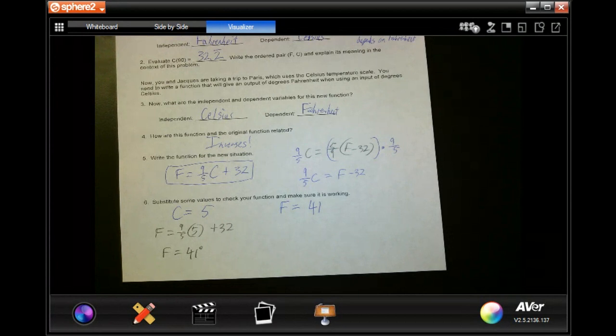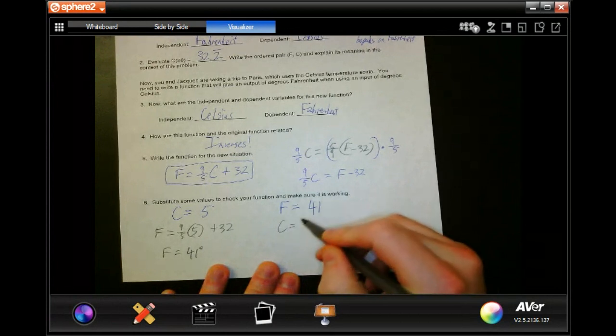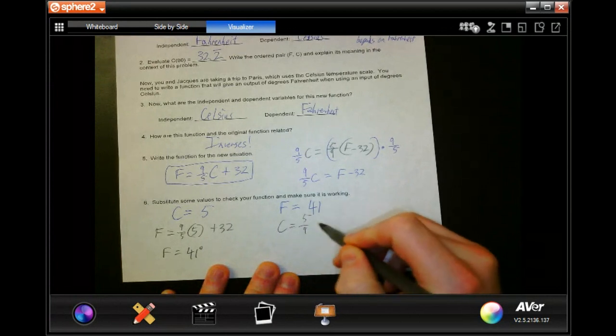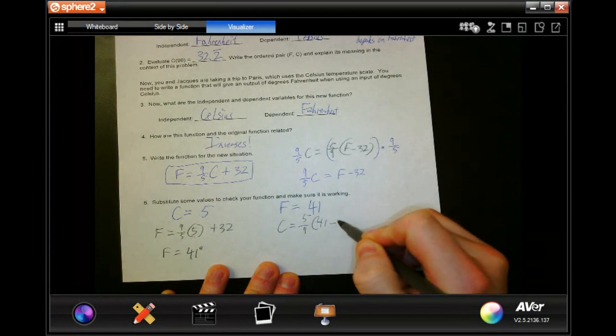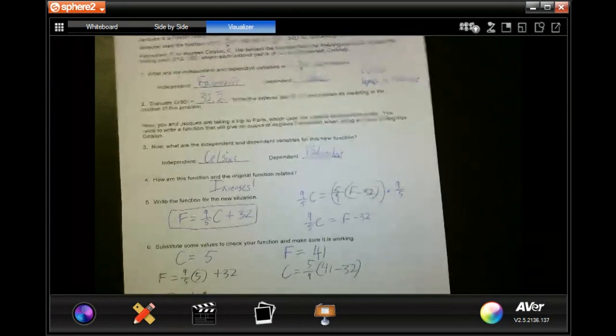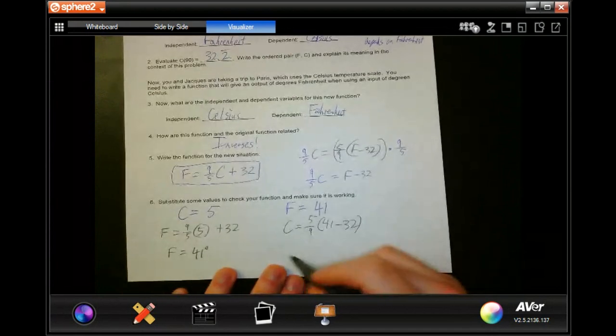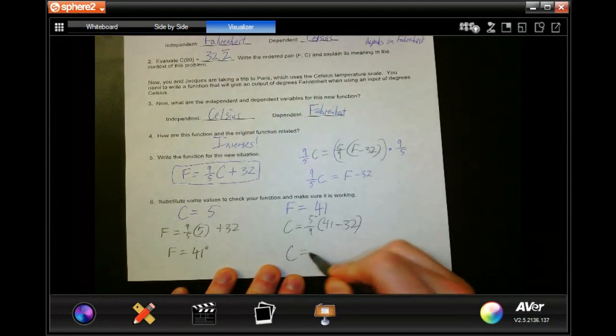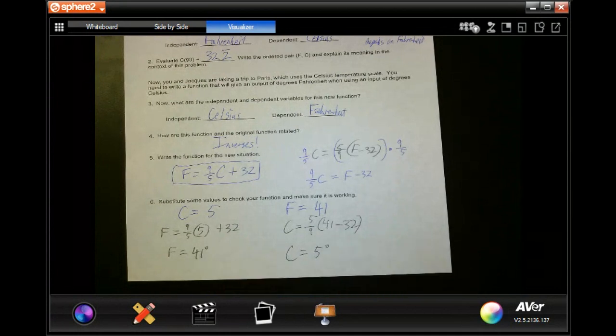So what'd you guys get for F equals 41? You had to plug it into C equals 5/9, and we put 41 minus 32. Okay, yes, we did a favor for you there, so you'd have a 9 to cancel out, and your C should have been 5 degrees.